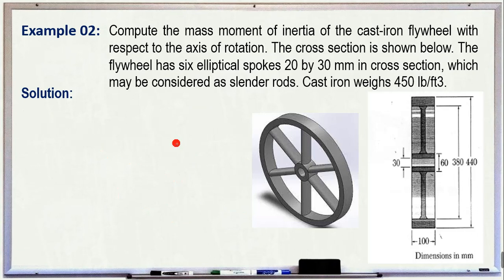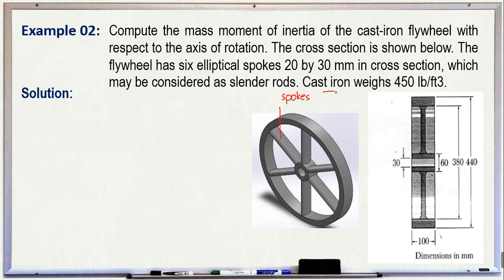Next, we have our final example. Compute the mass moment of inertia of the cast iron flywheel with respect to the axis of rotation. The cross section is shown below. The flywheel has 6 elliptical spokes. This is its spoke, 20 by 30 mm.